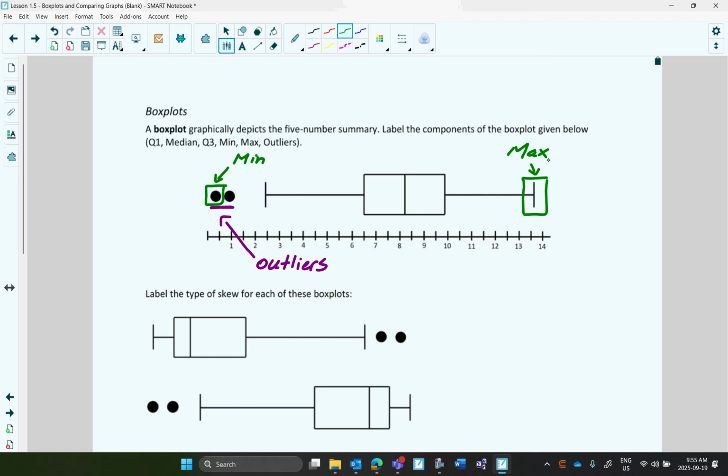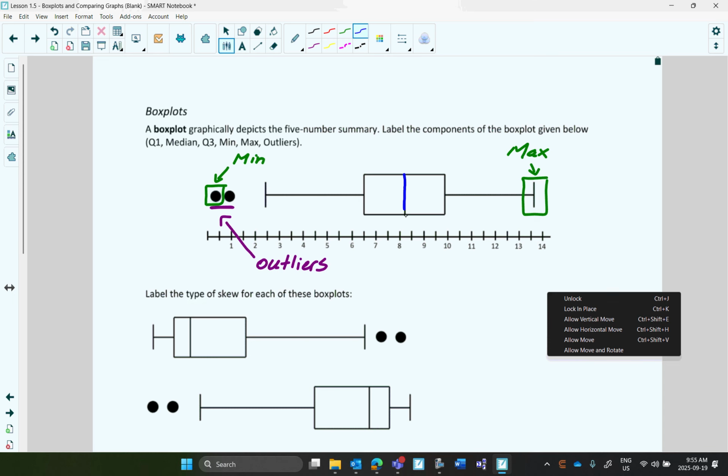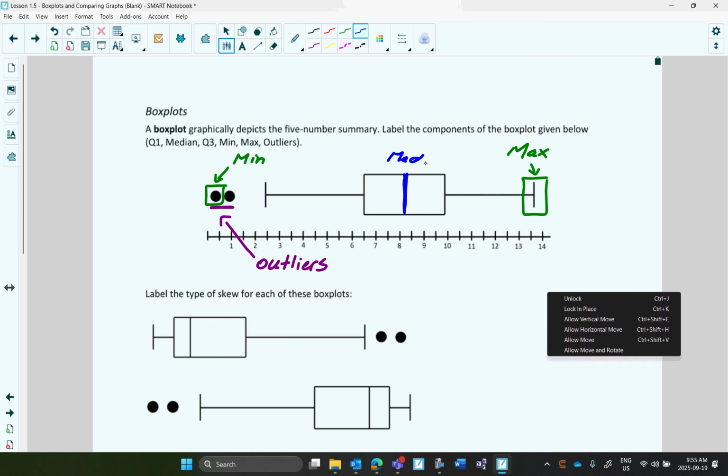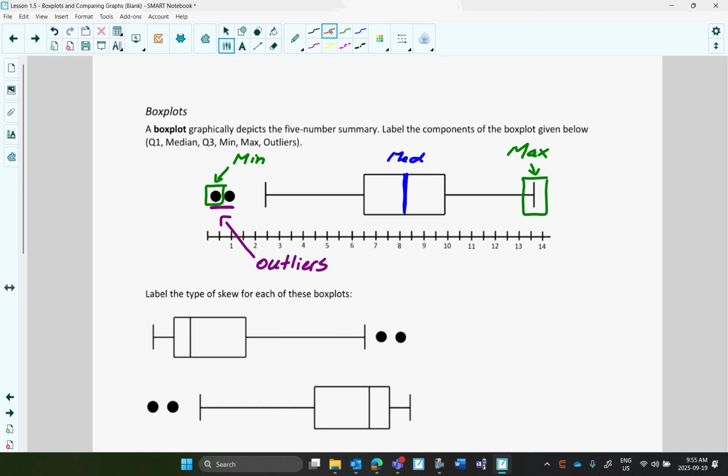Now we focus on the box. The vertical bar inside the box will always represent the median value. And the left and right ends of the box will be the values of Q1 and Q3.